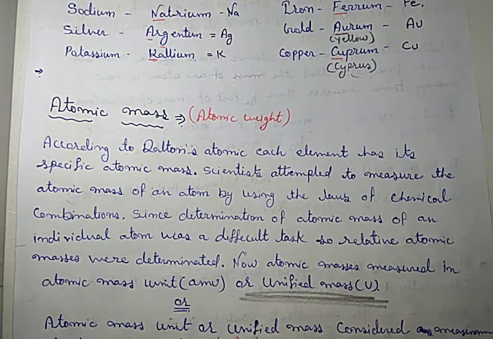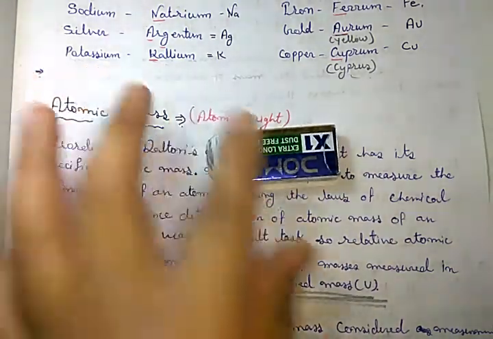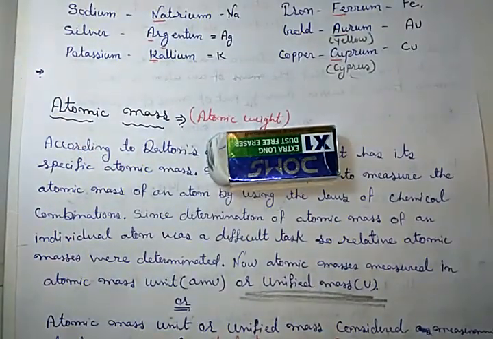Now, the question striking in your mind is: what is relative atomic mass? You can understand by taking this example, the rubber. Suppose I do not have any weighing concept about it. How can I measure its weight?